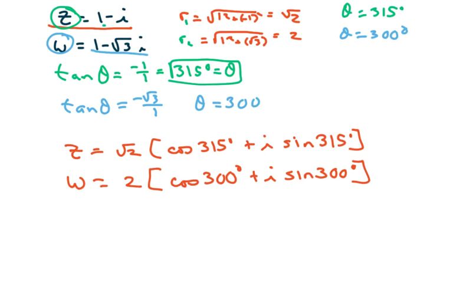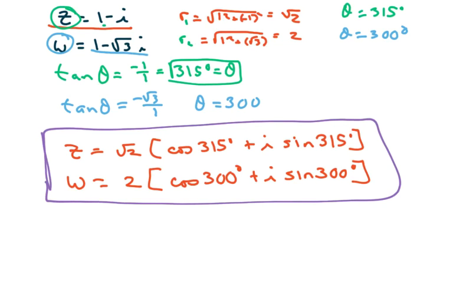And so if you want to write these down, you might want to pause and write those down, because I already have them written down on a sheet of paper here. So we have z times w is going to be square root of 2 times 2, and then we're going to do cosine of 315 plus 300.